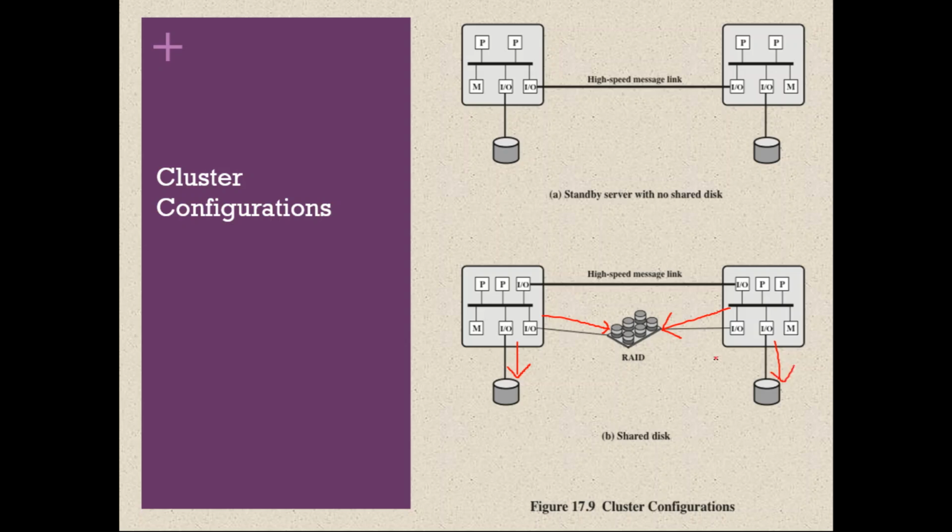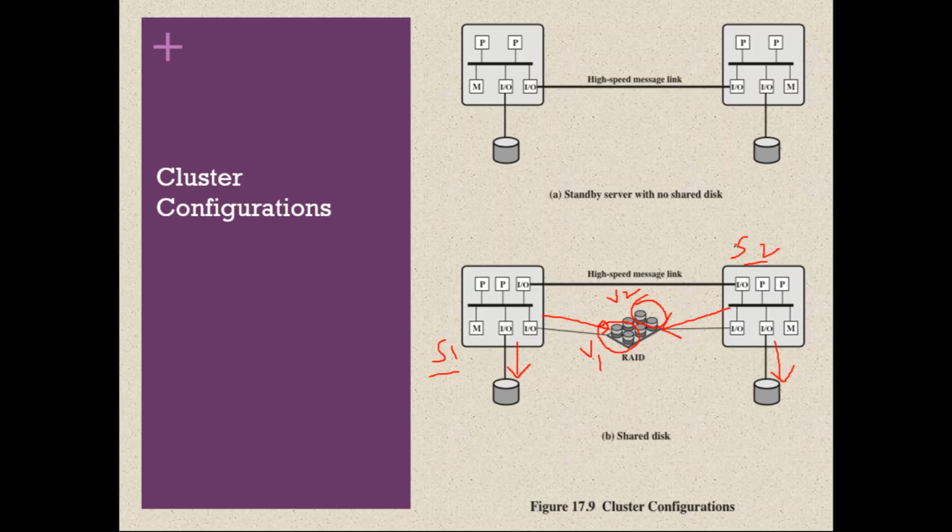In this RAID, there may be some partitions. You may call one volume 1, which will be used only by server 1, and another partition called volume 2, which will be used only by server 2.